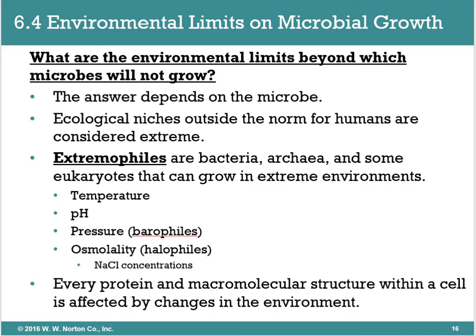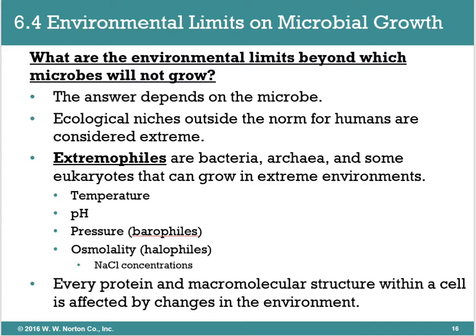A key term for y'all to know is extremophiles. These are the bacteria, archaea, and a handful of eukaryotes, not a lot, that live in extreme environments, such as high or low temperature, extreme pHs, so extremely acidic or extremely basic, or places of high pressure, which are specifically called barophiles.